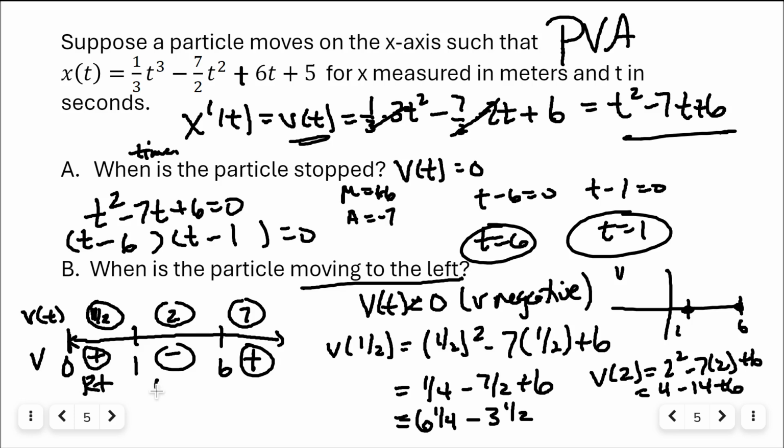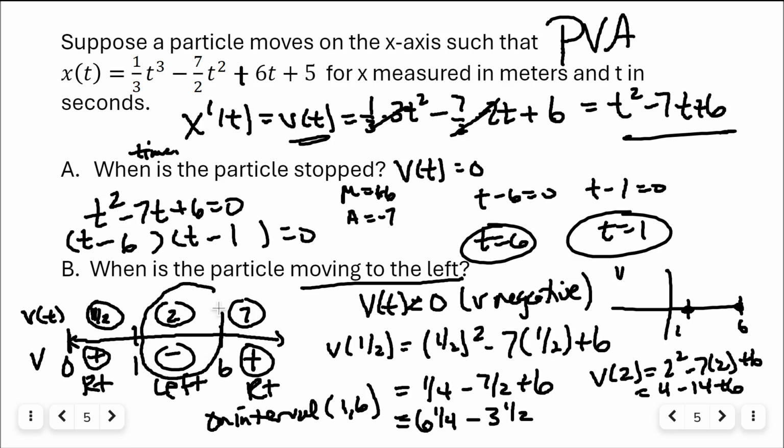My velocity is negative in between, so it's moving left, and then it's positive here again, so it's moving right. So the particle is moving to the left on the interval 1 to 6. These other two, it's moving to the right, but I'm not asking where it's moving to the right, so they're no good. That would be my answer on this interval from 1 to 6.